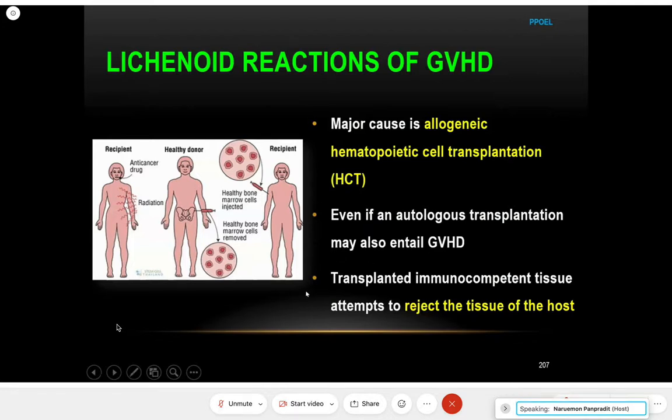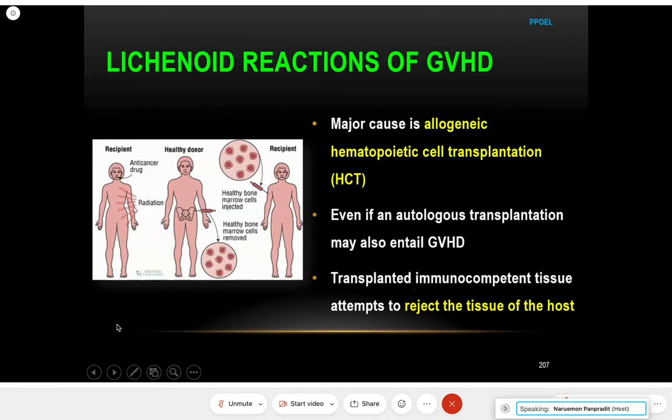However, if the patient has a history of hematopoietic cell transplantation and has an oral lesion that looks like lichen, you should think about lichenoid reaction of graft versus host disease. Because this is a reaction that comes from rejection of the tissue of the host.